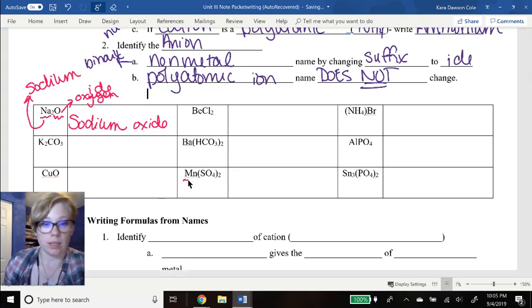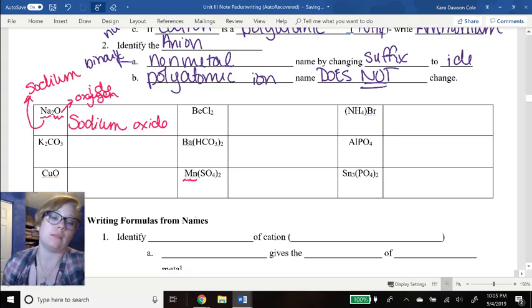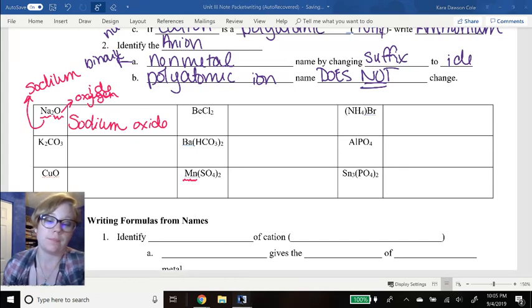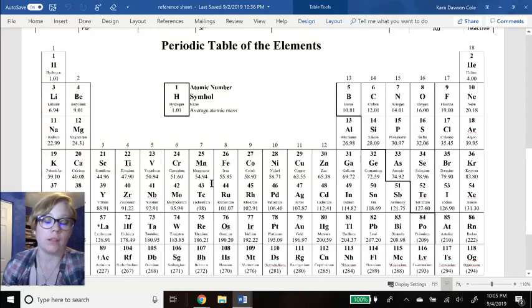So let's look at this one. I've got MnSO4. So Mn. A lot of times students get confused between Mn and Mg. Mg is magnesium, and Mn is manganese. So Mn is my manganese, and Mg is my magnesium.